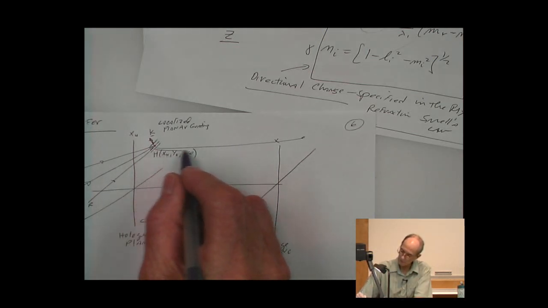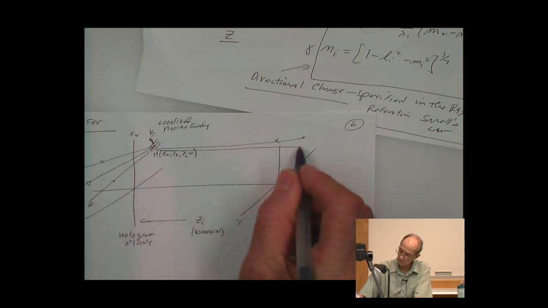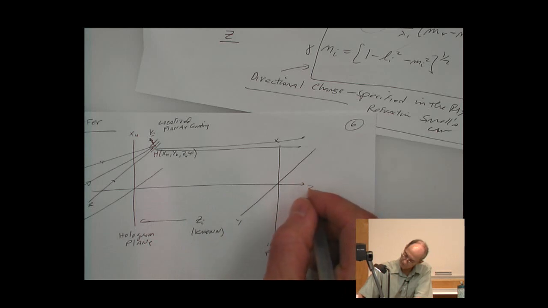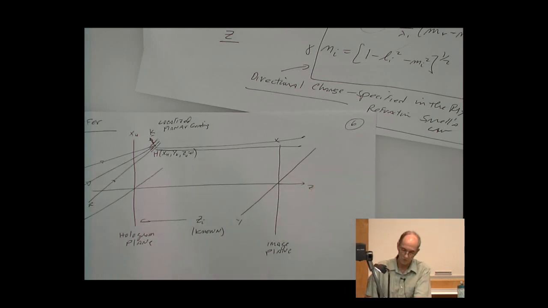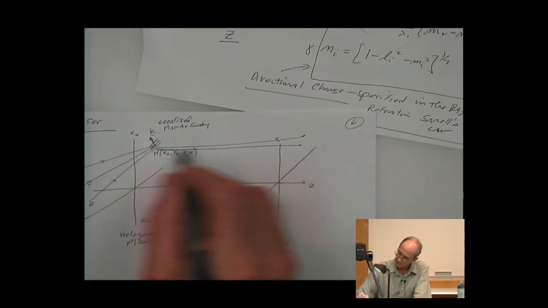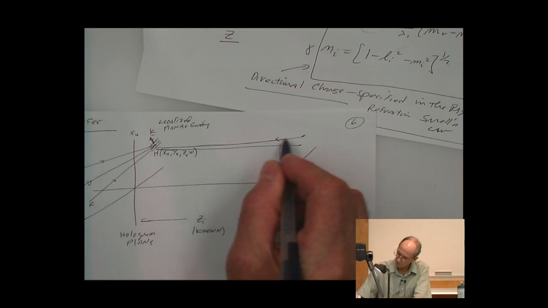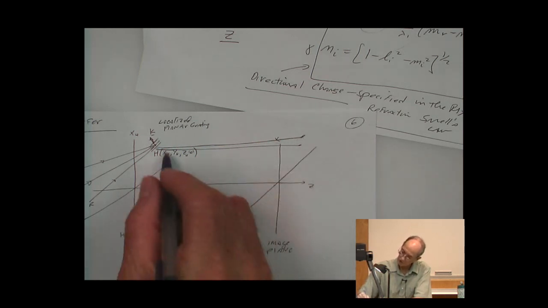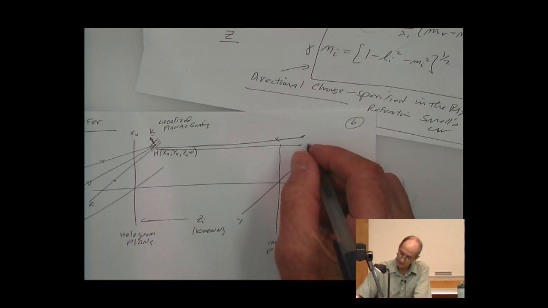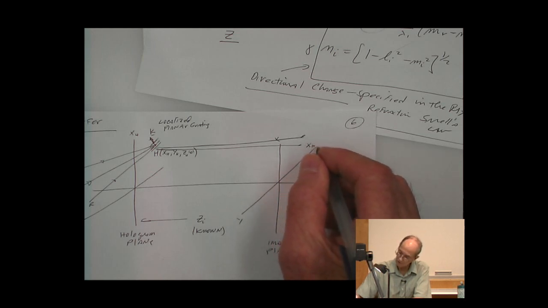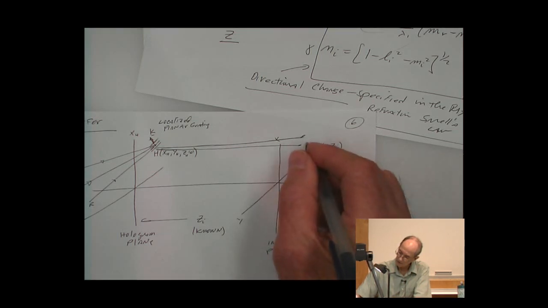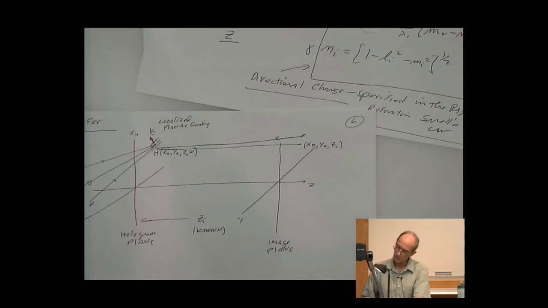Something else we could do, though, is we can just project parallel to our axis here, although my drawing may not look too much like that. So we have a diffracted ray coming from our localized planar grating, and we have just a projection here. So this projection on the x and y axis has values of just xh, yh, and now it has zi for the z coordinate.